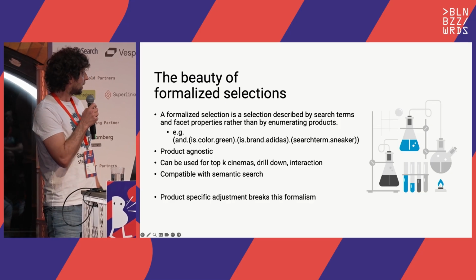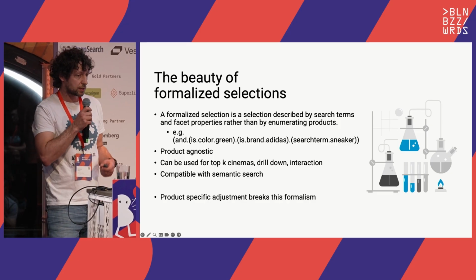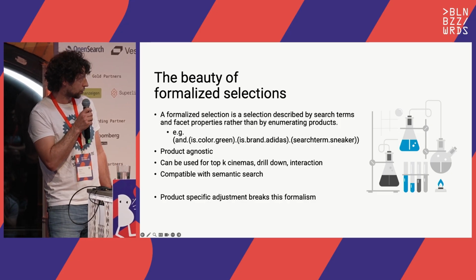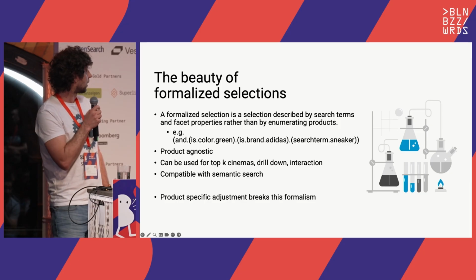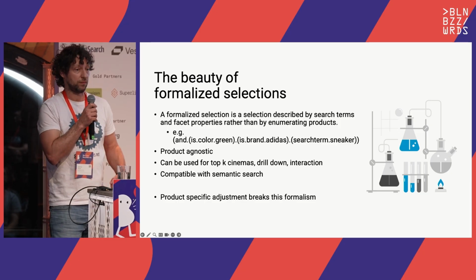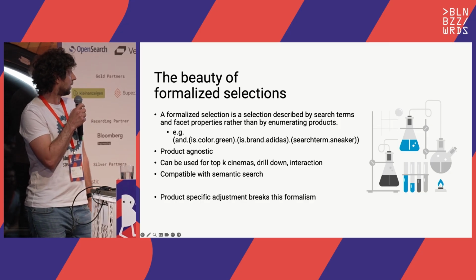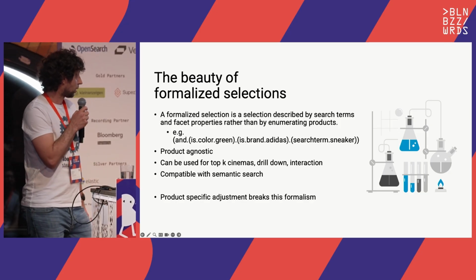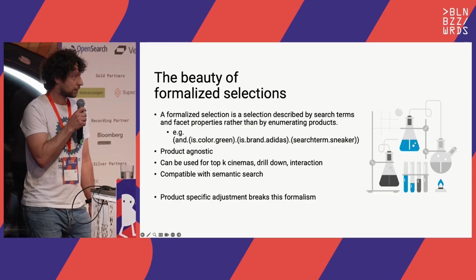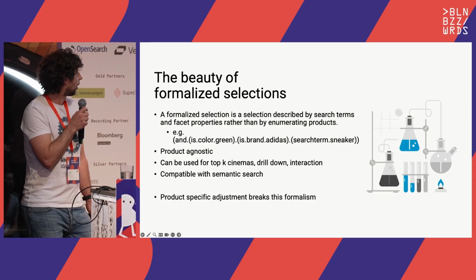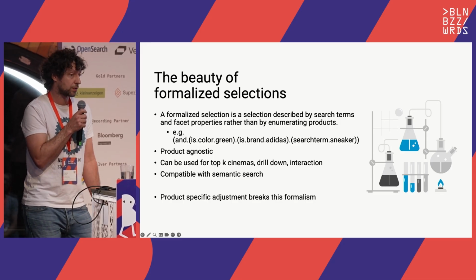So what we have is a more user-specific, domain-specific language to express this formalization of a selection. And the good part is that once a product has its properties, it is automatically part of this formalized selection.